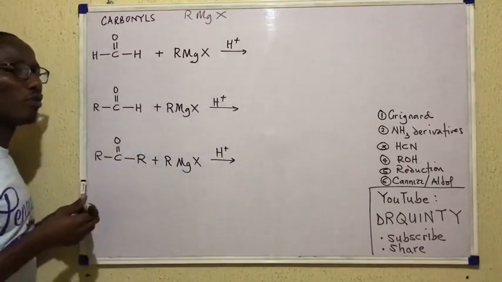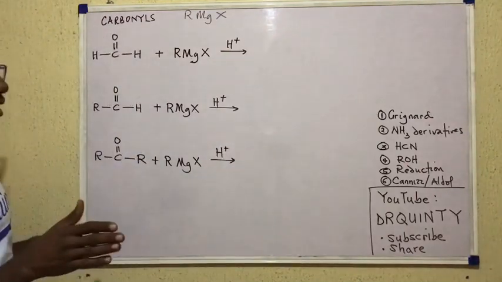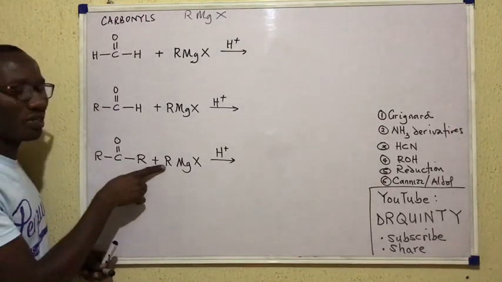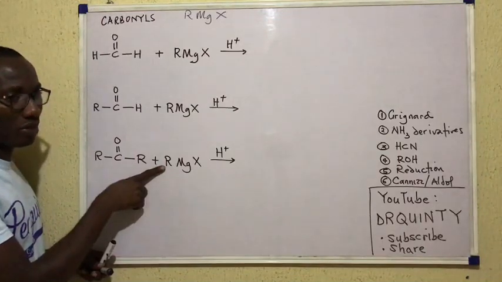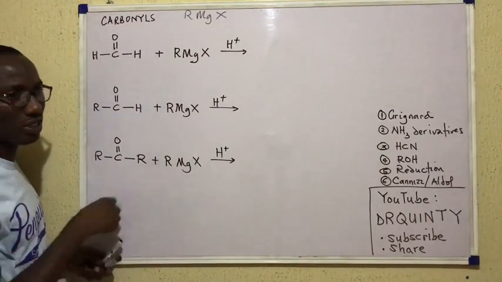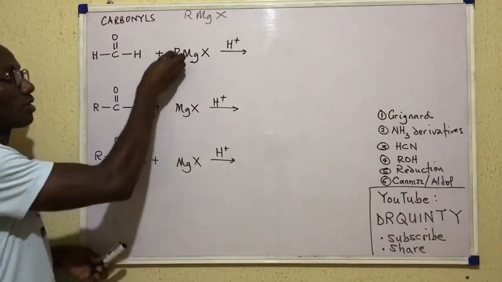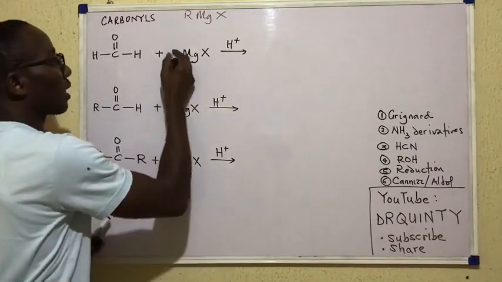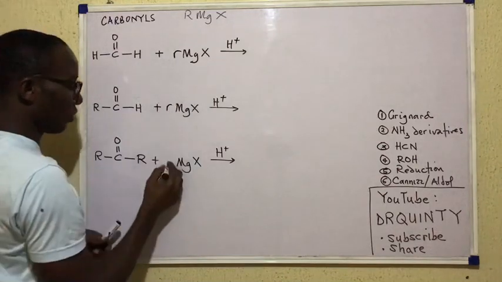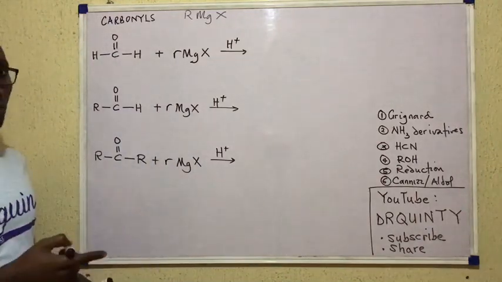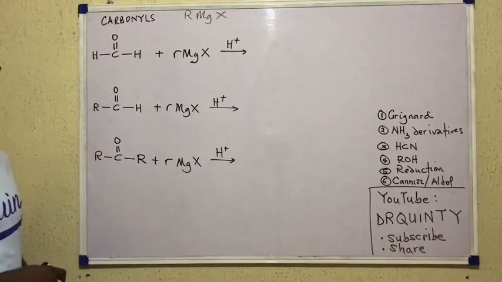Now, to help you visualize easily what is happening in these reactions, I am going to represent the R part of the Grignard reagent in lowercase, that's small letter. So allow me to remove these R's and replace them with the lowercase r. This is not done in chemistry actually, but we're just trying to use it to show you how this reaction would take place.